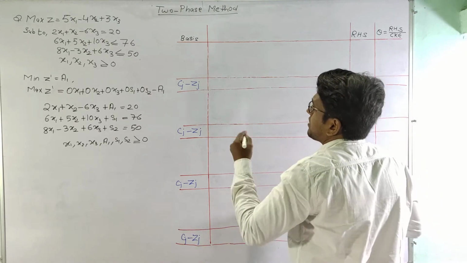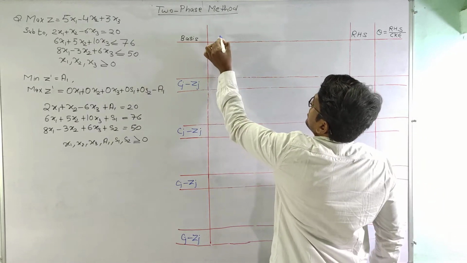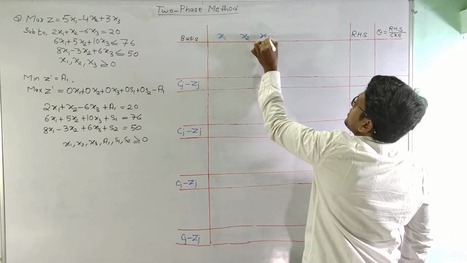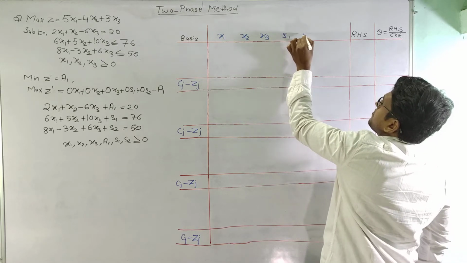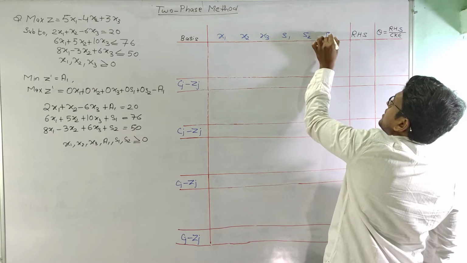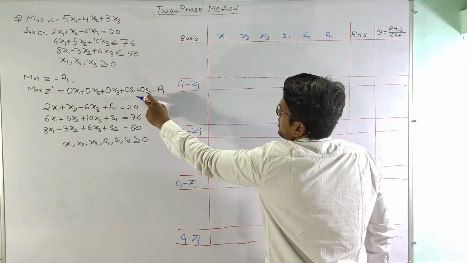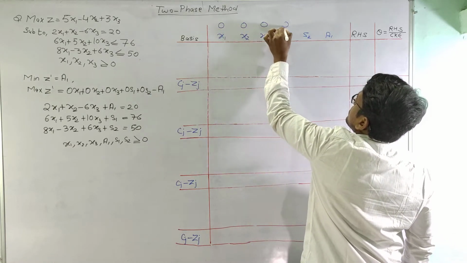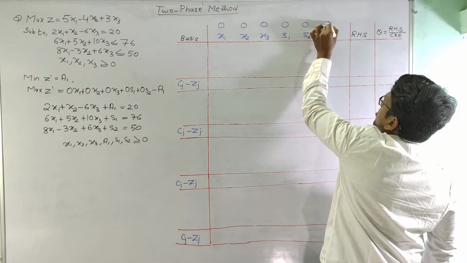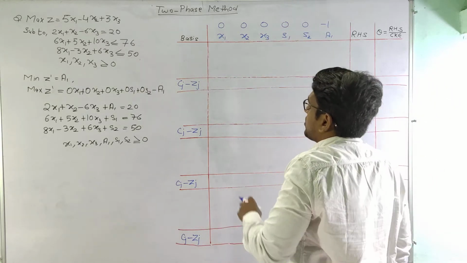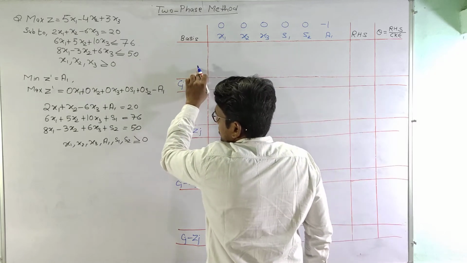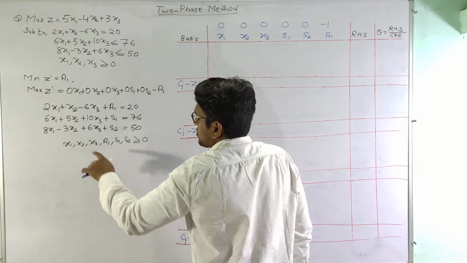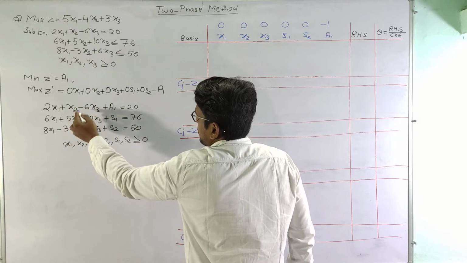First of all, we write the objective function. These will be x1, x2, x3, s1, s2 and a1 with objective function coefficients 0, 0, 0, 0, 0 and minus 1. Now, to find the variables in the basis column, we put x1, x2, x3 equal to 0.